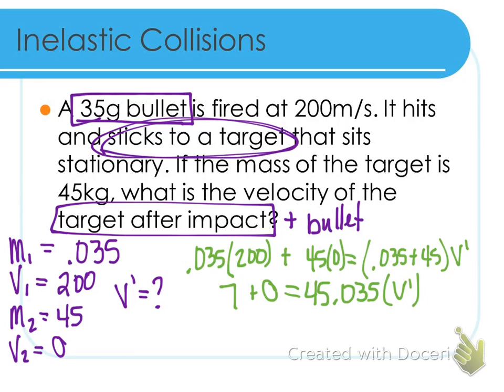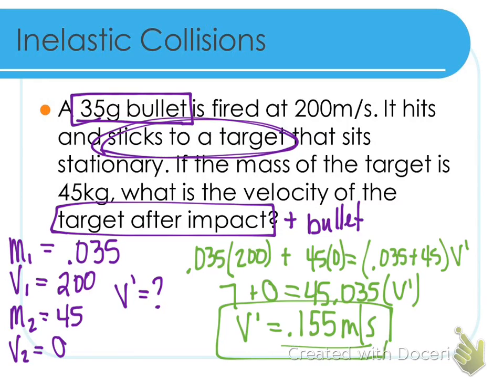So I'm going to take 7 divided by that 45.035, and my V prime is equal to 0.155 meters per second. Okay, so when that bullet hits the target and starts to accelerate it, starts to move it forward in the same direction as the bullet, it's moving at a speed of 0.155 meters per second.